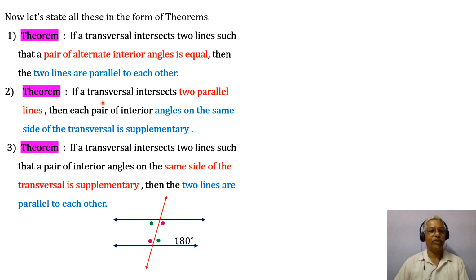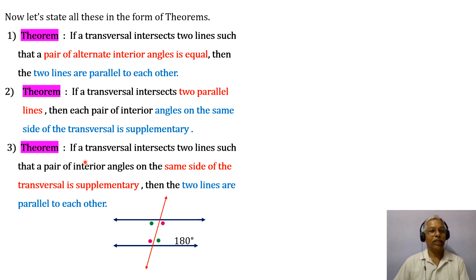Second one: if a transversal intersects two parallel lines, then each pair of interior angles on the same side of the transversal is supplementary. It's talking about a pair. So this is one pair and this is another pair. This one pair is supplementary and this other pair is also supplementary. That is, the addition of these two angles is 180.